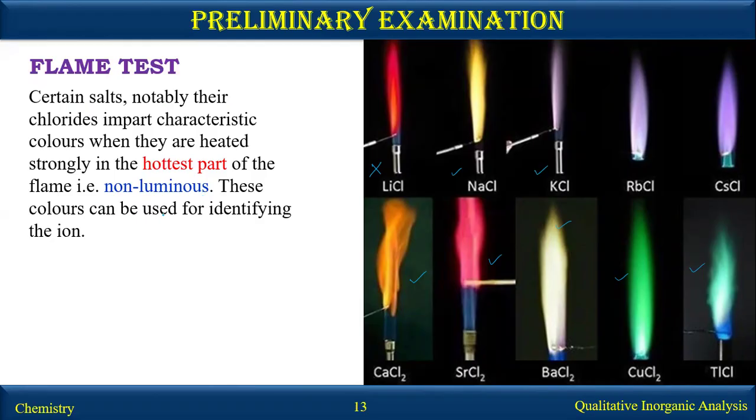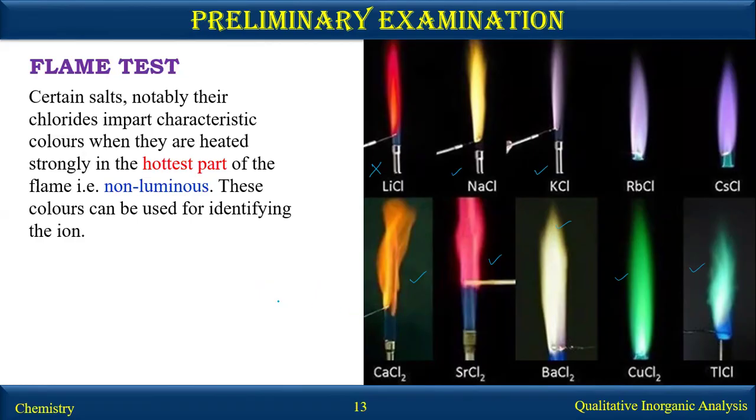These colors can be used for identifying the ion. The non-luminous flame is almost blue.